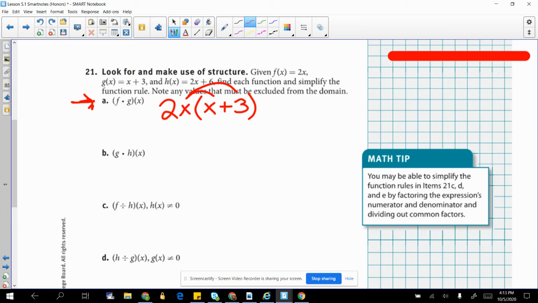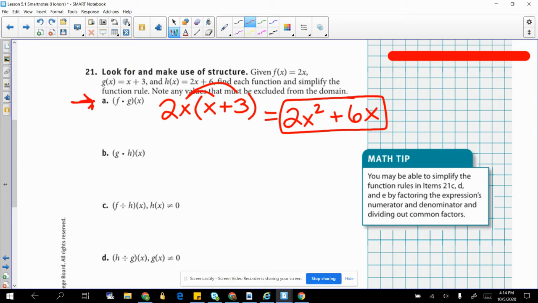So that's one way to multiply. So 2x times x, be careful with this. 2x times x is a 2x squared. Remember, we're not adding or subtracting anymore. Now we're multiplying, okay? Then 2x times 3 is a 6x. Okay. And so that would be our multiplied version of f times g.